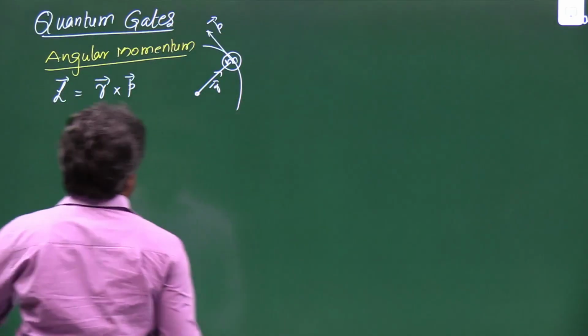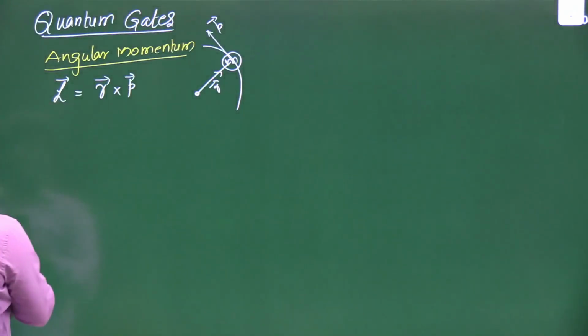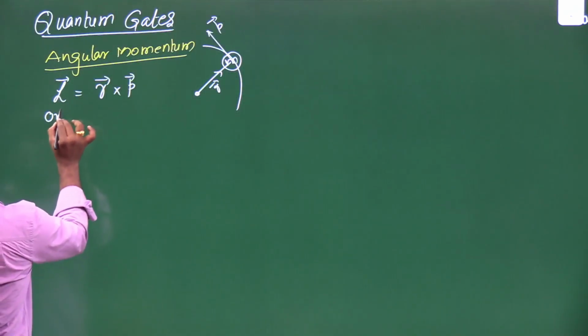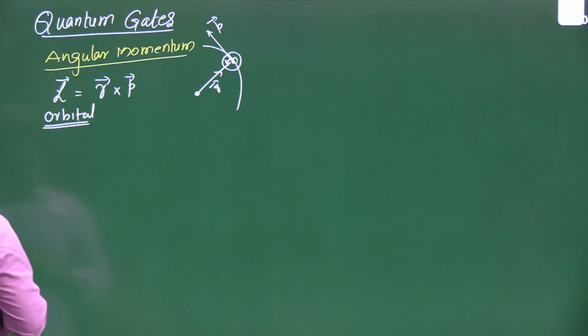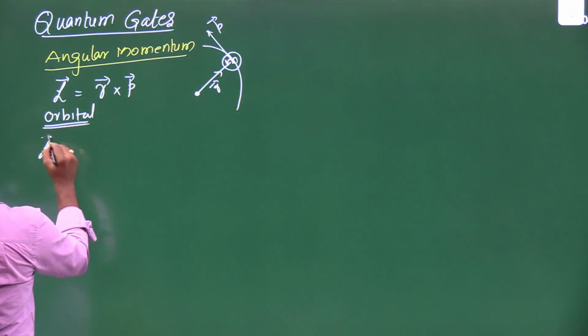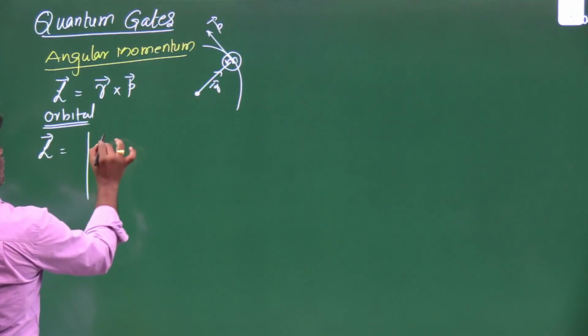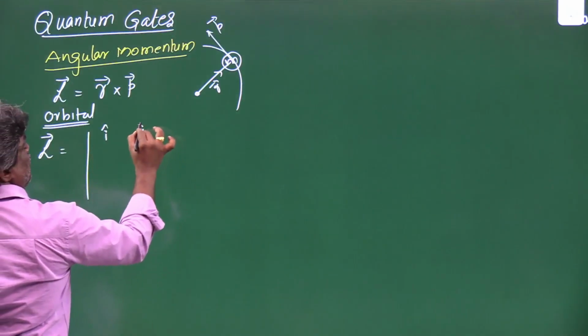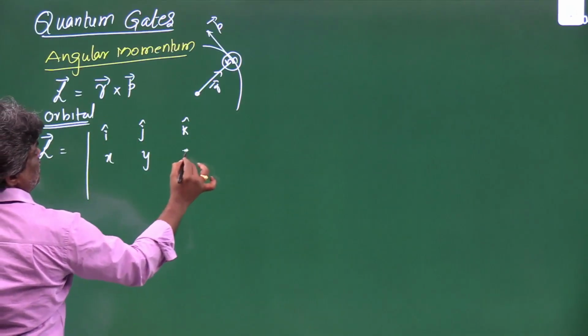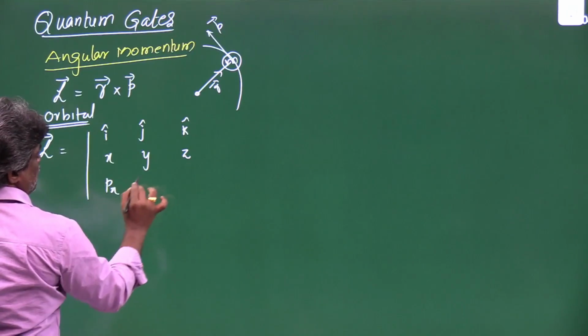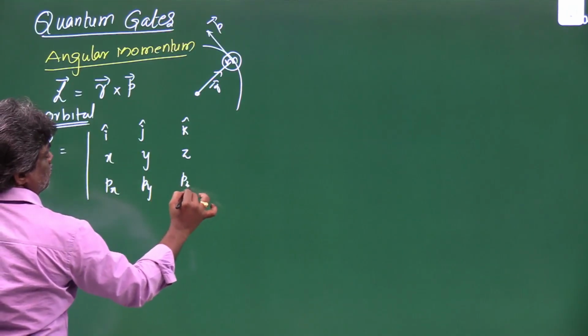Right. So this is the angular momentum, that too orbital angular momentum. Okay, so if I write the cross product, I think you know how to find the cross product, sir. i cap, j cap, k cap. R is nothing but x, y, z. P is nothing but px, py, pz.